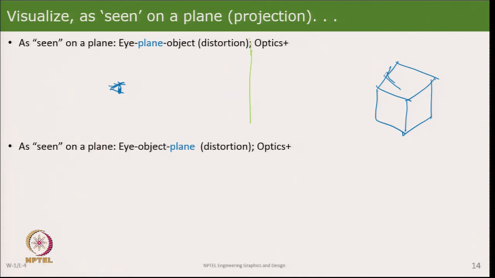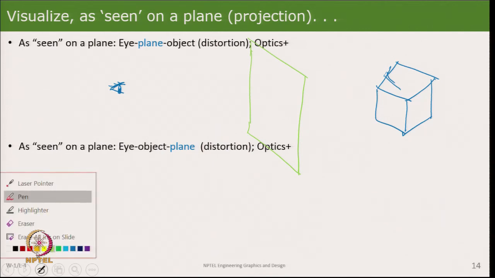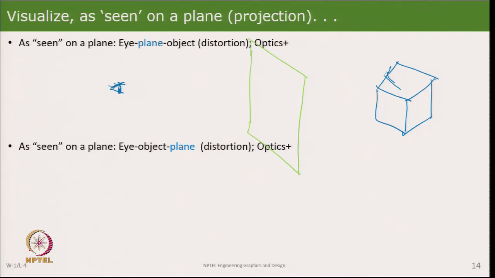We place an imaginary or a real transparent sheet between the eye and the object. And then we say, well, as we see it, this line intercepts this plane at a certain point.